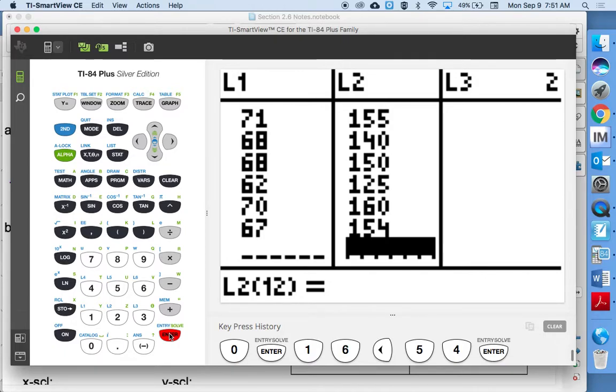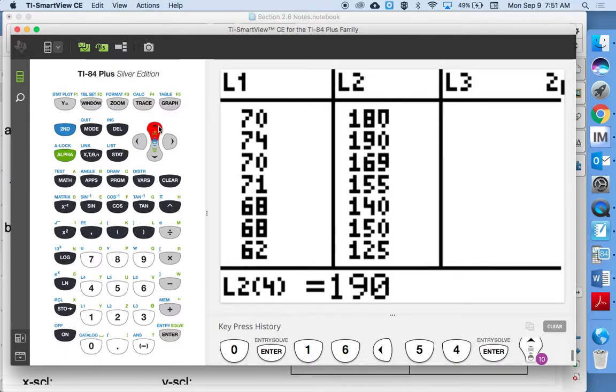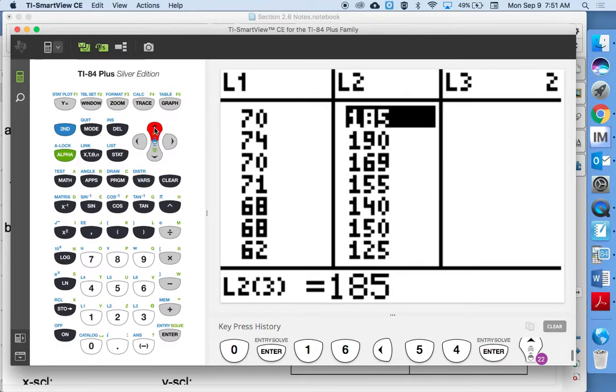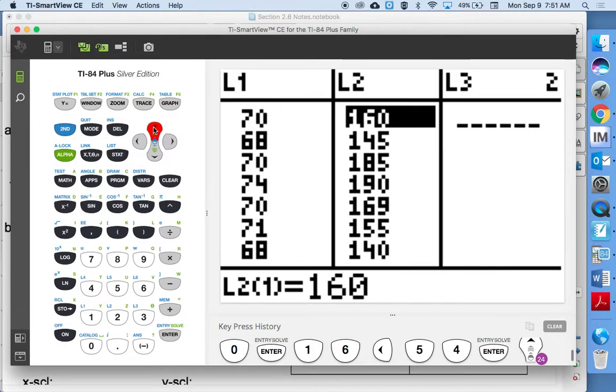Typing them in up here is a little harder. Questions so far?